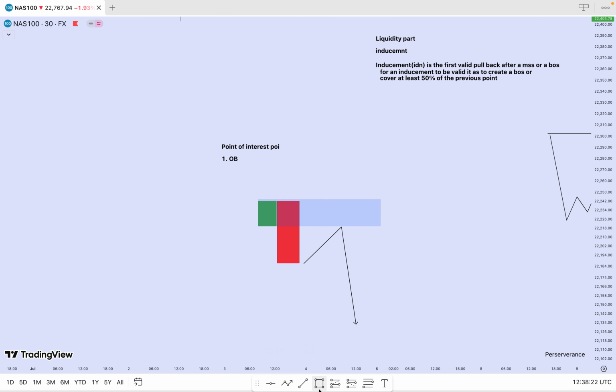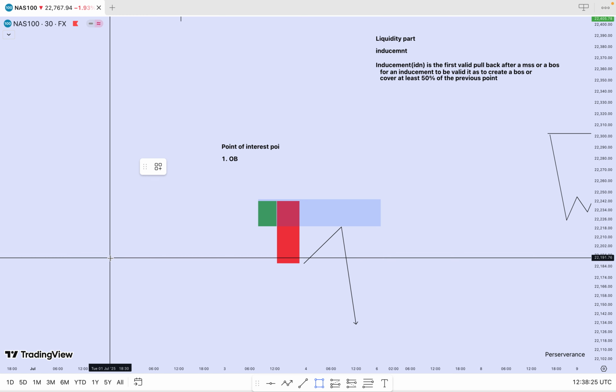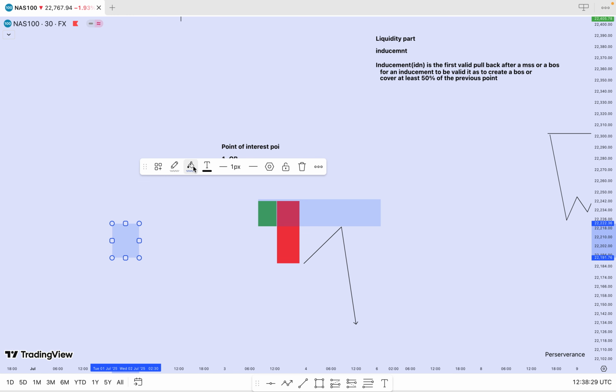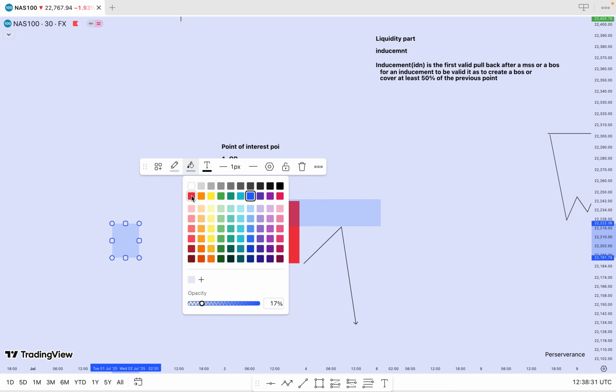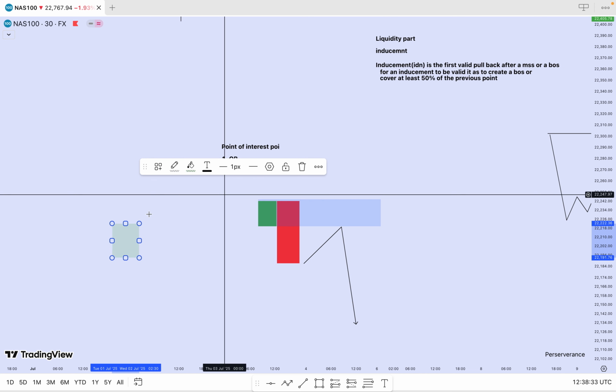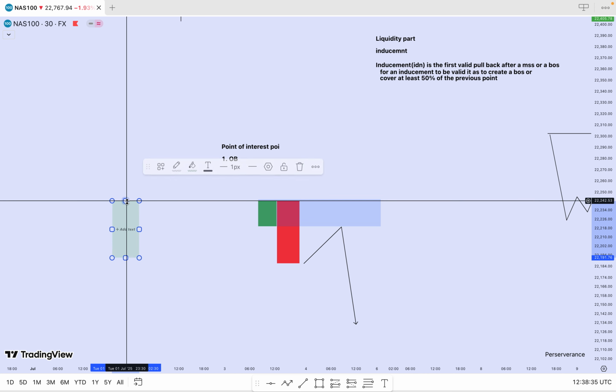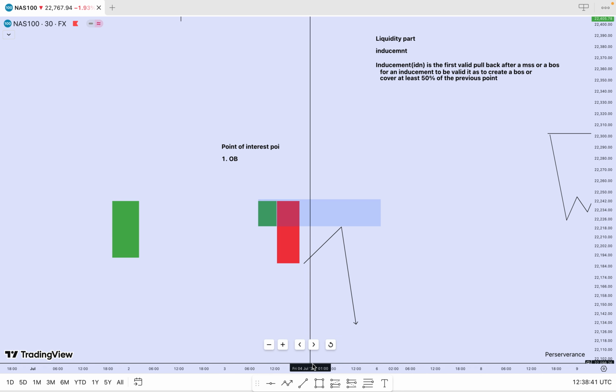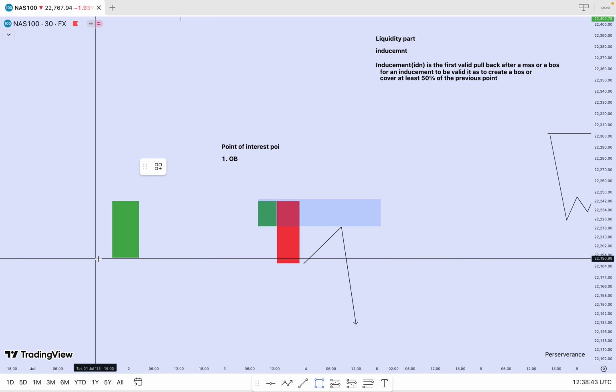And then for a bullish one, green candle, then you have this.